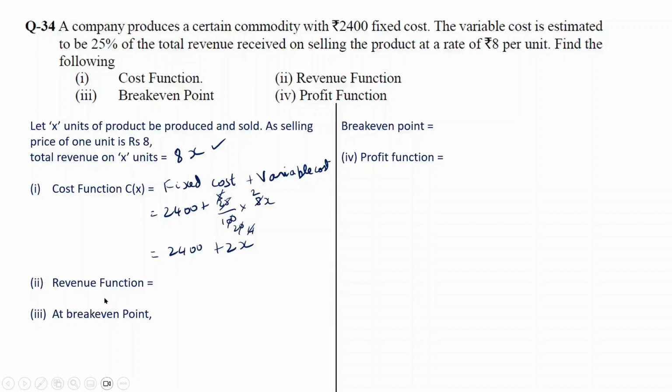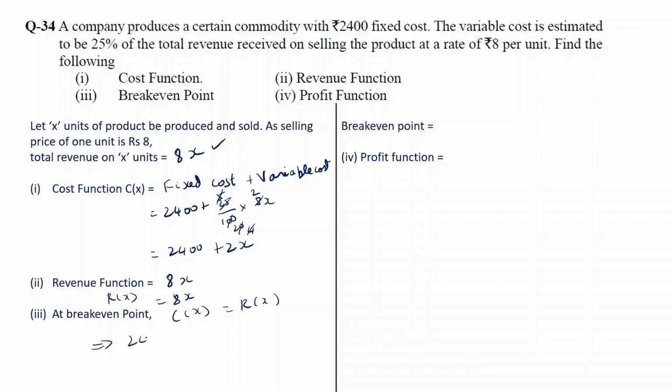Next we have the revenue function. Revenue function we already found. It is nothing but 8x. Revenue function R of x is equal to 8x. And next we have to find the break-even point. Now we know that at the break-even point, total cost is equal to total revenue. So at the break-even point, we have C of x equal to R of x.